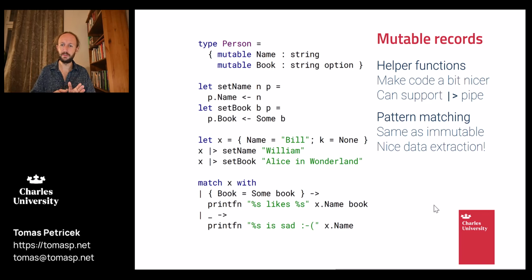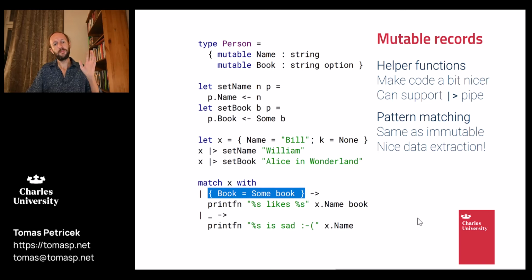The other thing that I'm showing you in this example is one interesting aspect of pattern matching. You can pattern match on mutable records just like you can match on immutable records. But one interesting aspect here is that you can also use this to extract some particular data value from your record. So if I want to see, given the record, person, whether they have a book, and if so, get the book, normally you would have to say match.